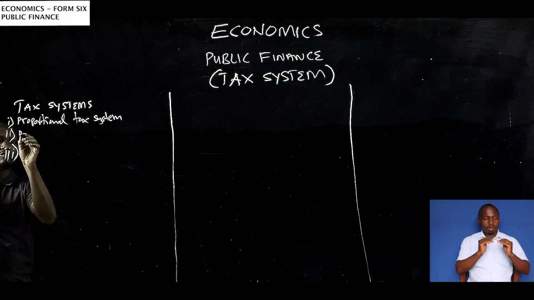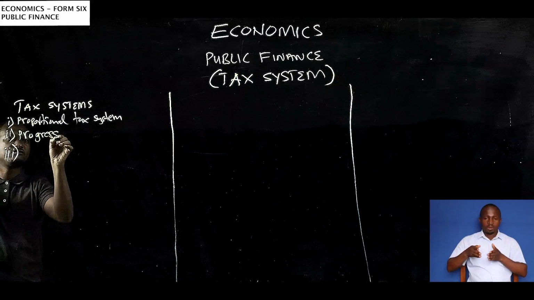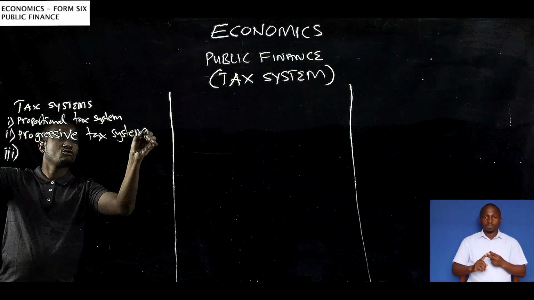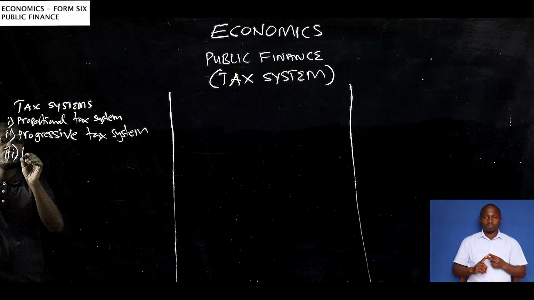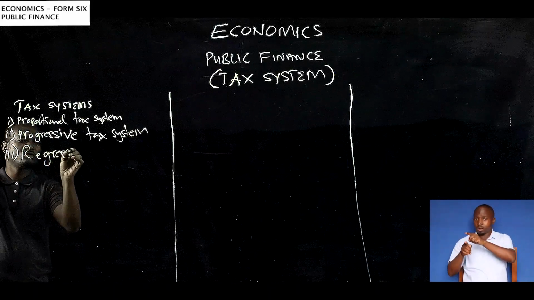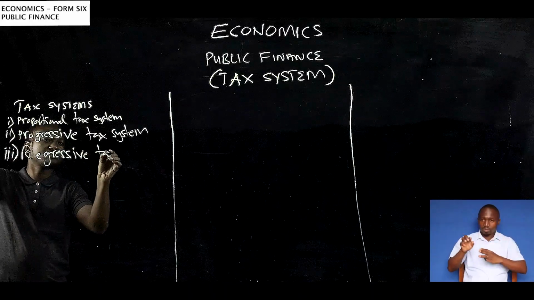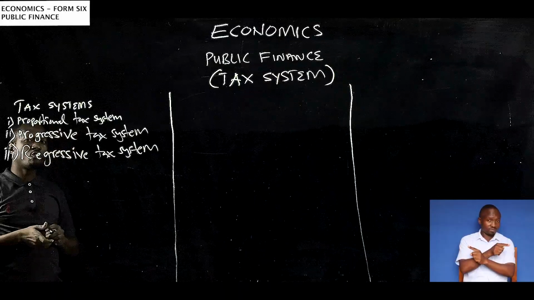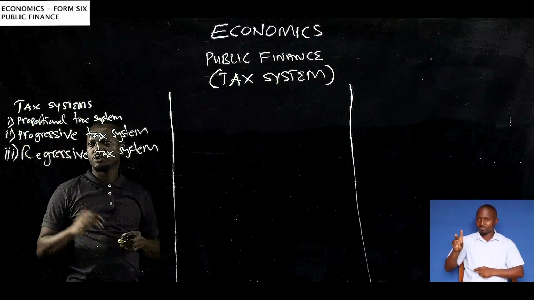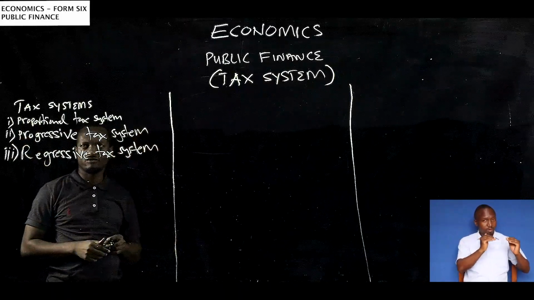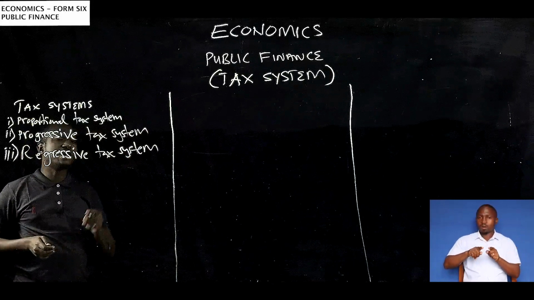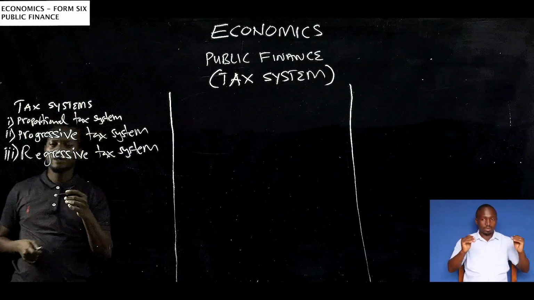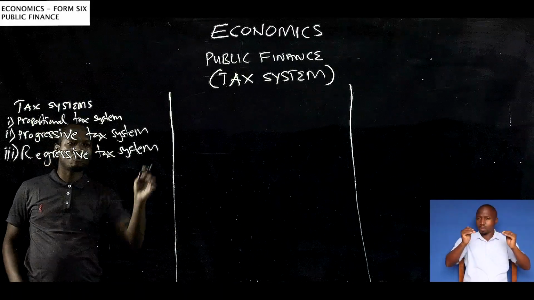We have progressive tax system, and we have regressive tax system. So, to know which is proportional, which is progressive, which is regressive: proportional is when the tax rate is the same to all.